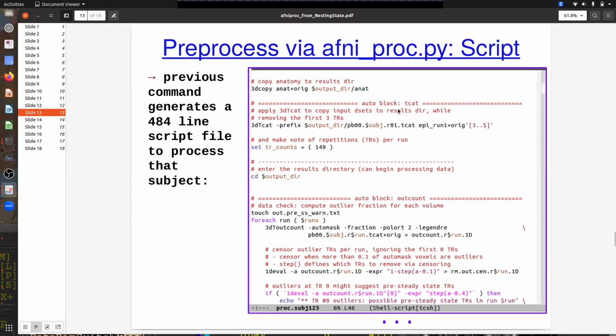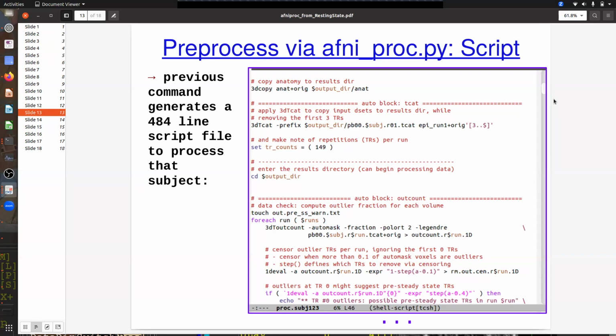Another thing to note here, and even if it's a little hard to read, the coloration will point out something important. All the red text here are comments. So not only is this just all the commands that are being run, they're guided. The script is automatically made to have comments in it. This afni_proc.py program specifically was written by Rick Reynolds in the group, who has written a command that generates a whole commented script, which is a very nice thing.